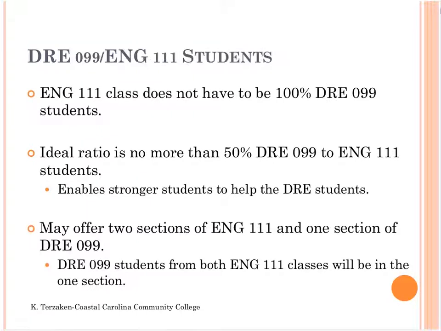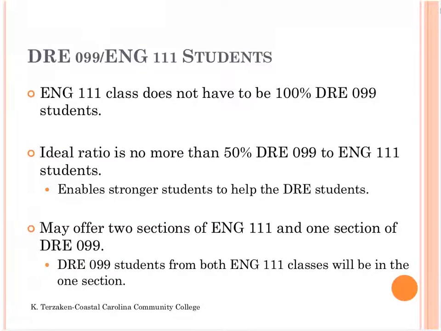And the students, the ratios, you could call it. This is a logistical nightmare in terms of registering, and honestly, we haven't figured out exactly how we're going to do it yet. But you can have your DRE 99 students and your English 111 students, and those two classrooms will look different.